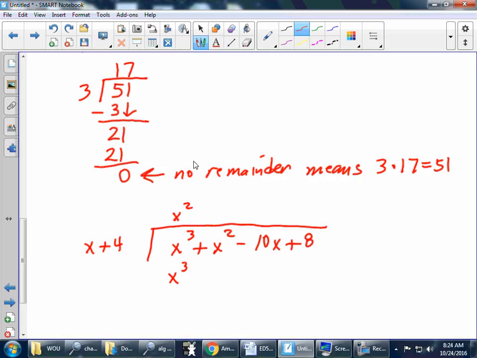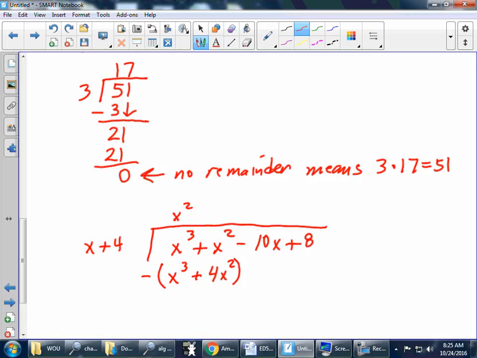Now, the only difference is we have to distribute to the 4 as well. What's x squared times 4? So it's plus 4x squared. And just like we did up here, where we went 5 minus 3, in this case we're going to go x cubed plus x squared minus all of this.